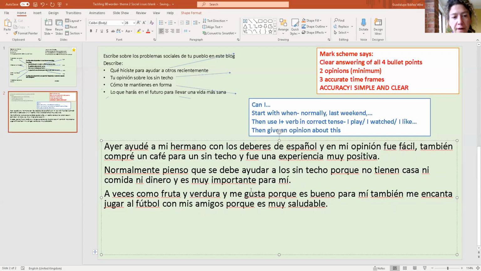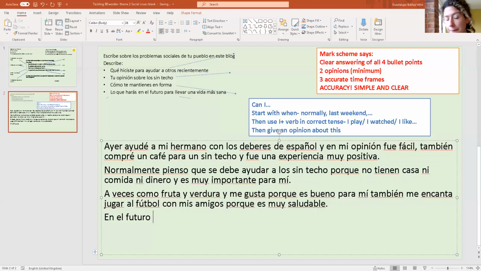Let's move on to the very last one. Lo que harás en el futuro para llevar una vida más sana. What you will do in the future to have a healthier lifestyle. So, can I start with when normally? Yes, because here is already giving me the clue. In the future. En el futuro. What can I say?